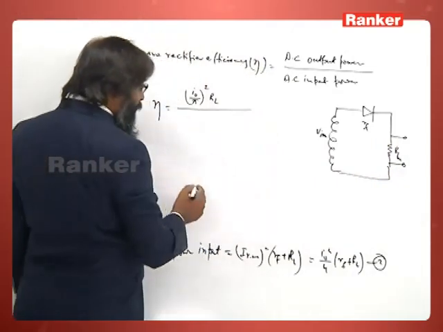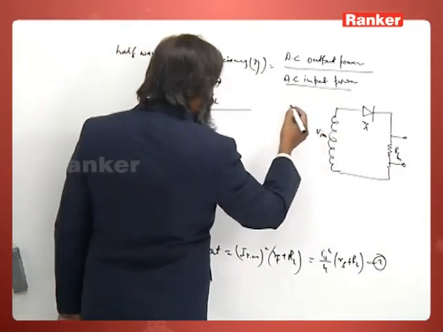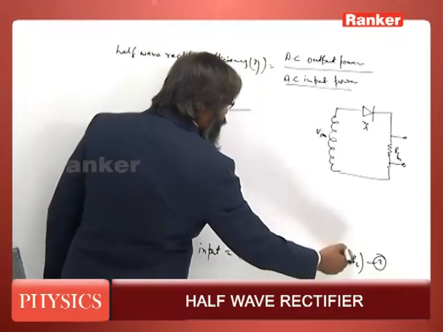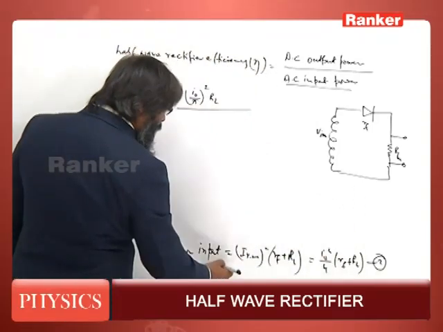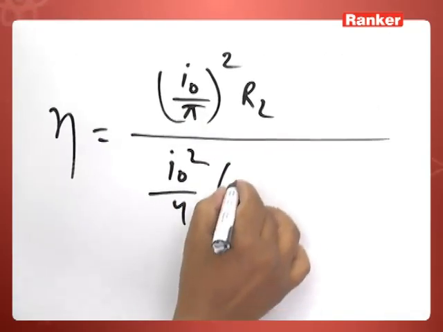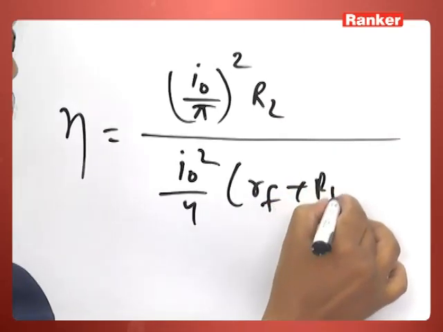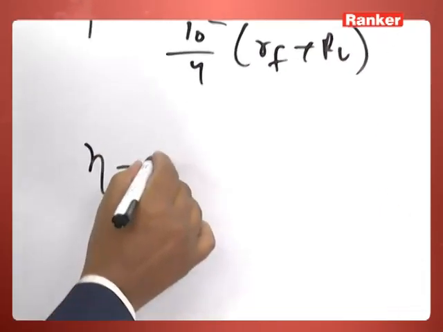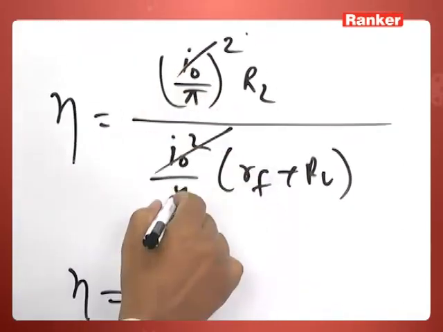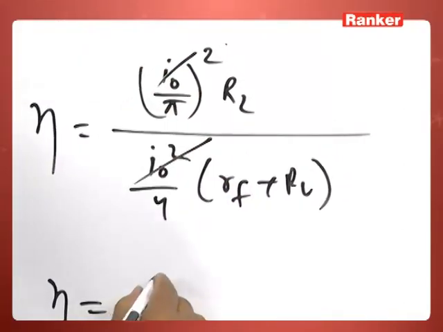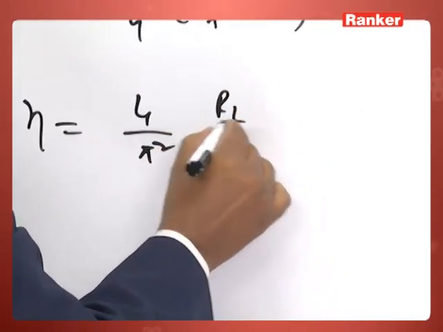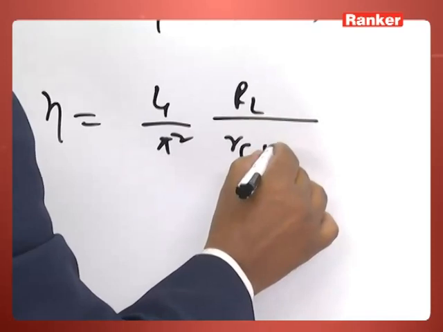Upon DC power, AC power input now. AC power is I RMS, that already we have calculated, this AC power input as I naught square by 4 (RF plus RL). So this efficiency comes, I naught cancels out. So this is 4 means it will go up, 4 by pi square RL by (RF plus RL).